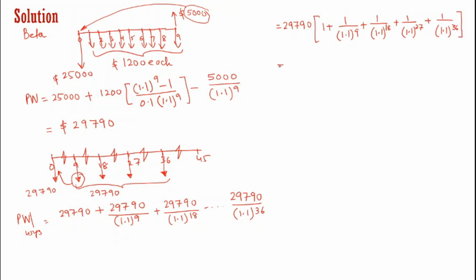If we calculate, this comes out to be $51017.855. So what we have computed? We have computed 0, 1, 2, 3 up to 45. We have computed the value at the present point of time. So this is the present worth we have calculated.